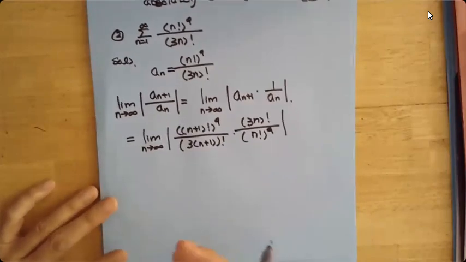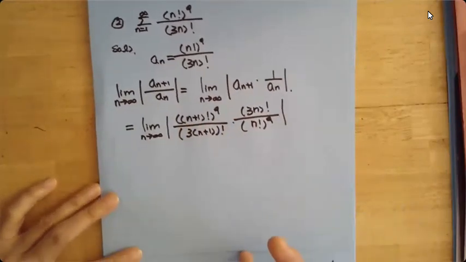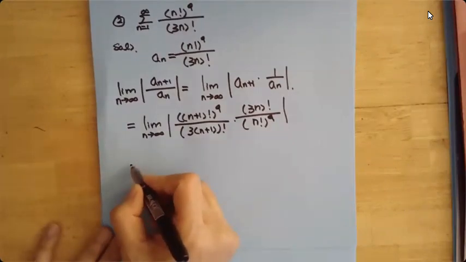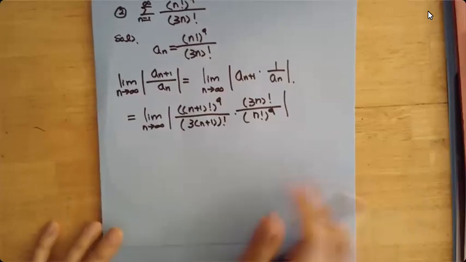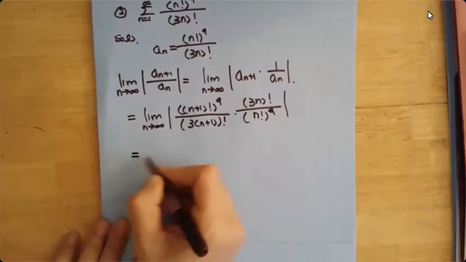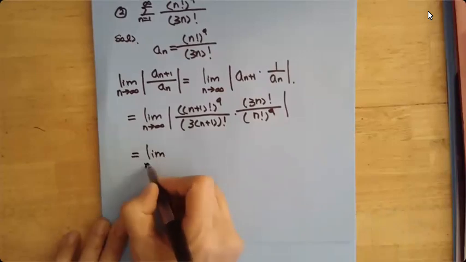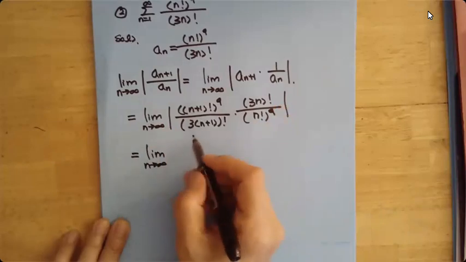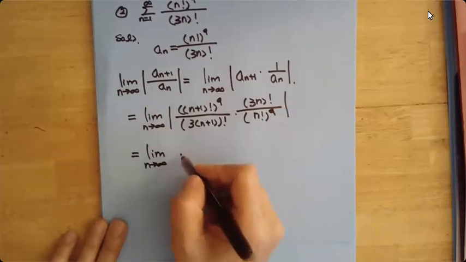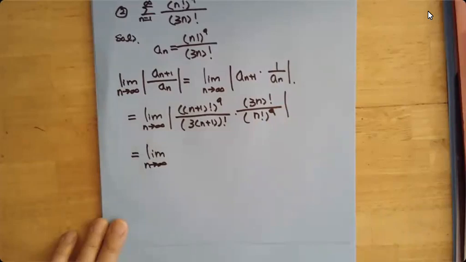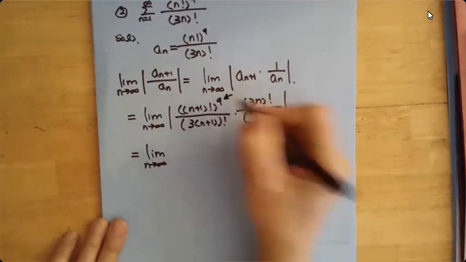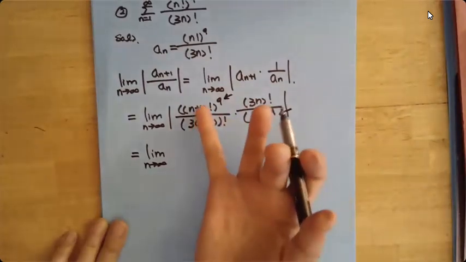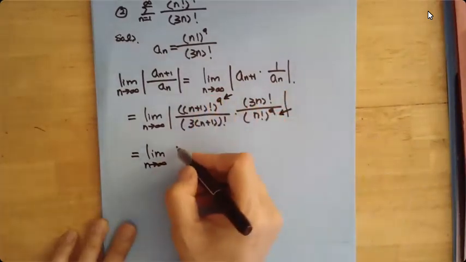Obviously, none of the factors are negative numbers, so we don't have to continue to use the absolute value. And as we have been doing, we will put the similar looking factors together. So both have the 9th power.